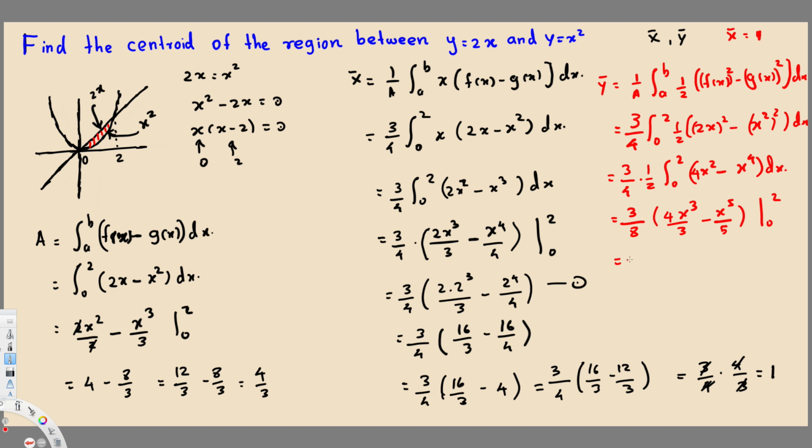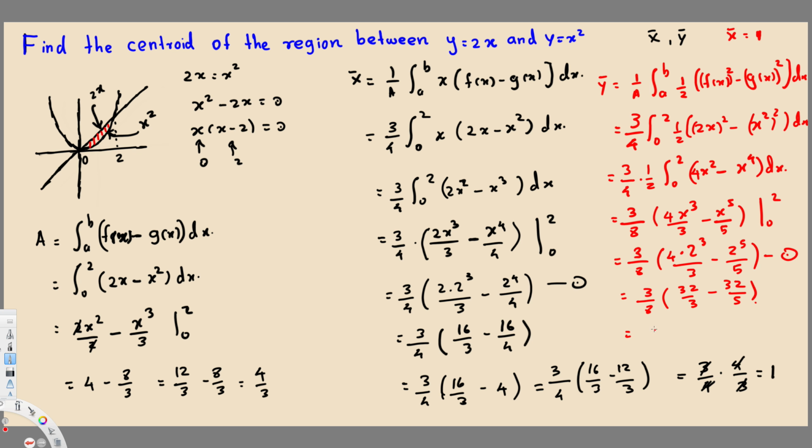So let's substitute the values. 3 over 8, 4 times 2 cubed divided by 3 minus 2 power 5 divided by 5, and if we substitute 0, everything is going to be 0, because 0 divided by 3 is 0 and 0 divided by 5 is 0. So this is going to be 3 over 8 times 4 times 8, so 32 divided by 3, minus 2 power 5, which is 32, divided by 5.